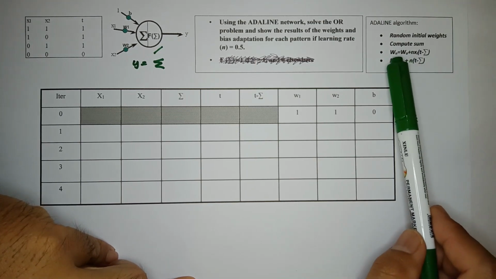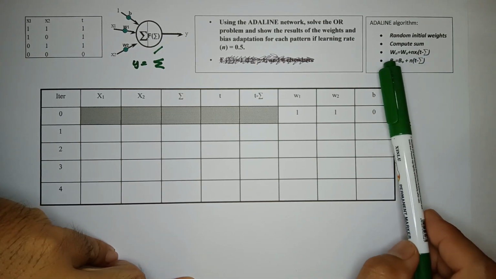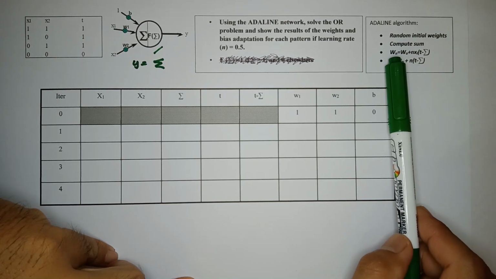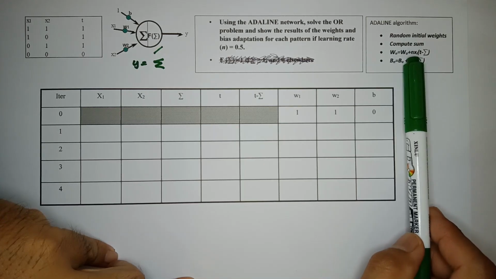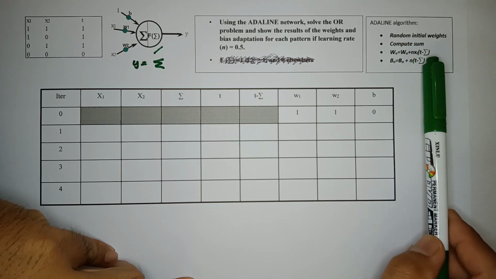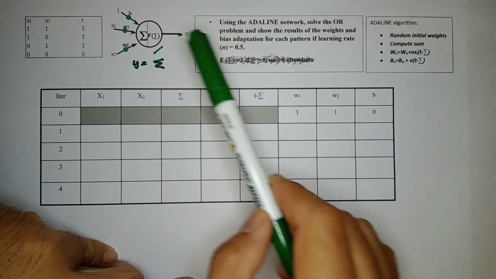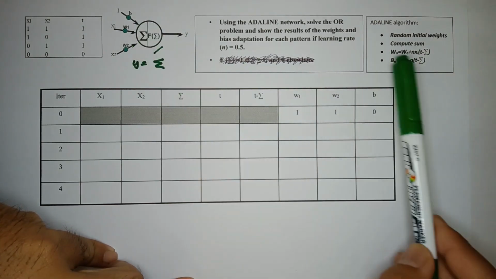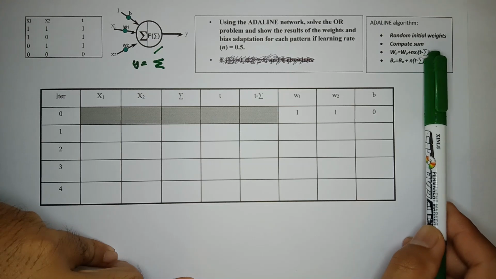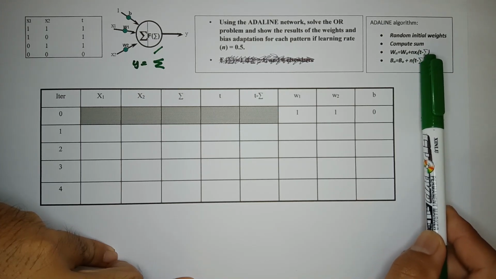The third step is the adaptation of weight, based on this equation: W new equals W old plus n, where n is the learning rate, times x, the input, times (t minus summation). So whatever we calculate here, the error is based on t minus the summation of input.